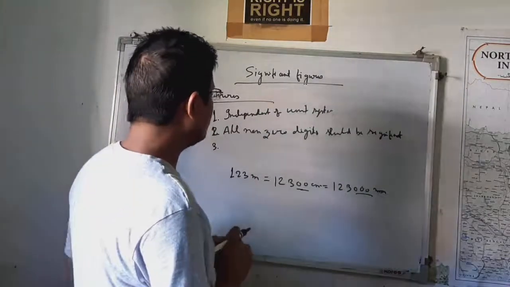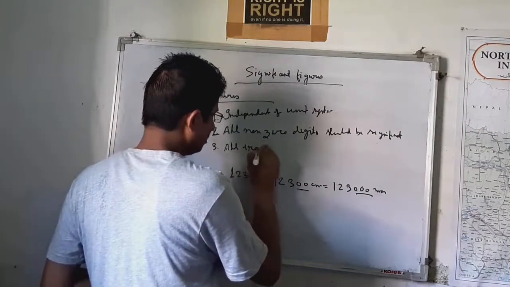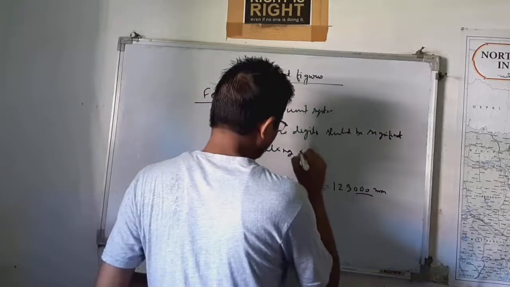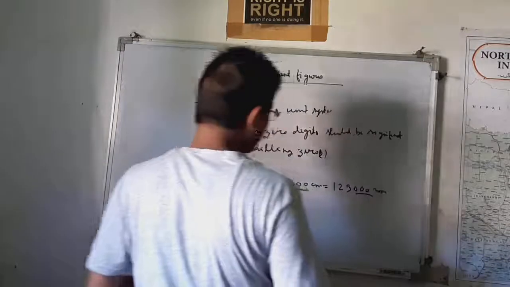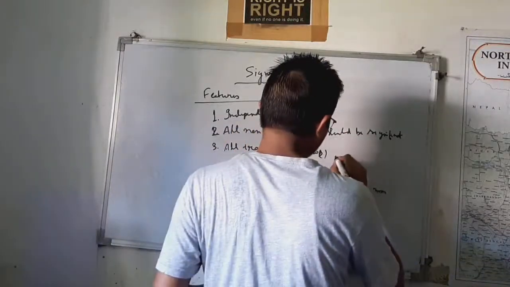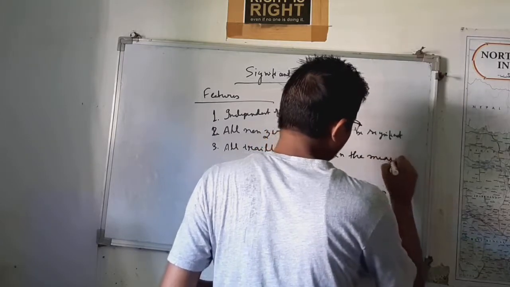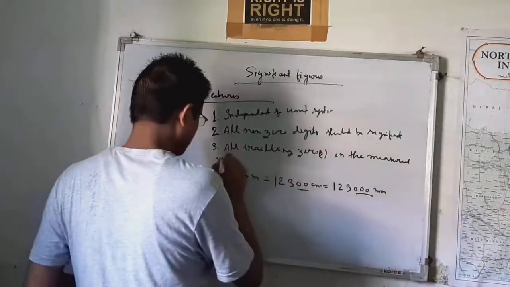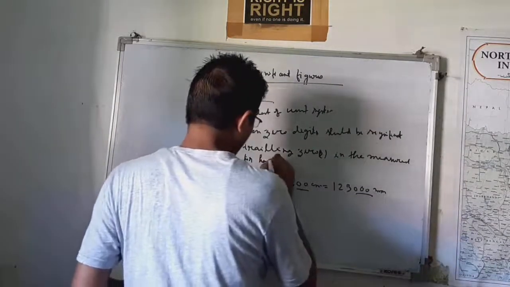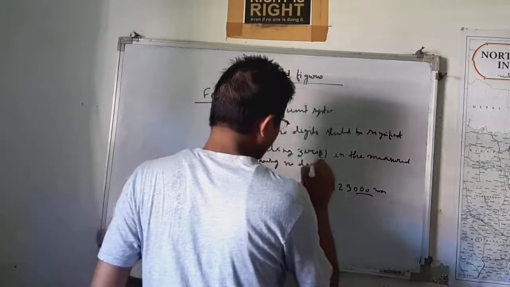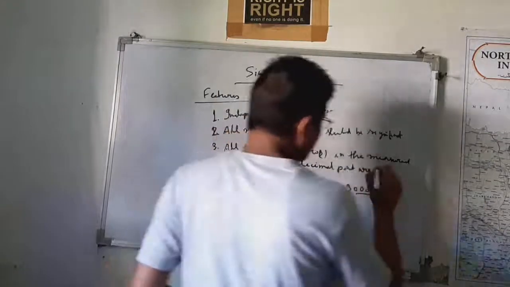All trailing zeros in the measured value having no decimal point are insignificant.